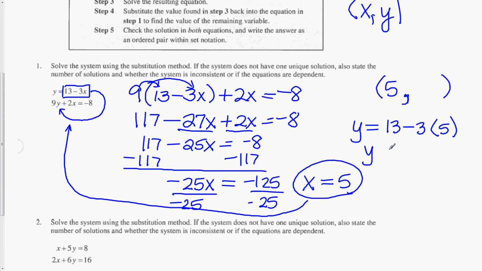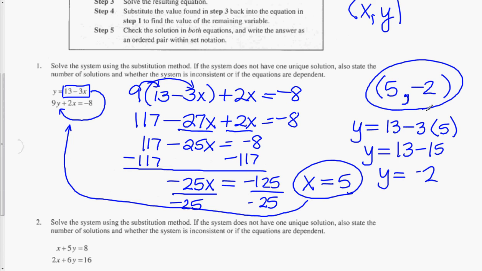So we're going to work this out. 13 minus 15, so y is going to be equal to negative 2. So then negative 2 goes up here in my ordered pair. And so these two lines, if we were to graph them, would touch at 5, negative 2. And that's how you use substitution to solve these.